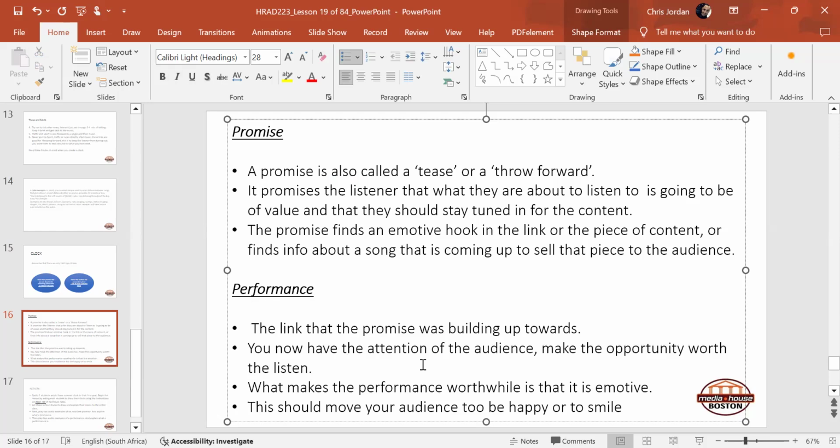Otherwise they'll be like, whoa, you really don't know what quality is. What makes the performance worthwhile is that it sparks some kind of emotive reaction from our listener. So this should move your audience to be happy, to smile, or to be sad or angry or connected, empathy, whatever it may be.